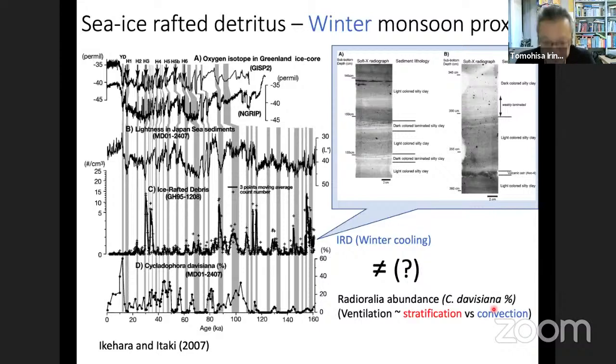So there's still some question about the distinction between the summer and the winter monsoon effect on the sediment composition.